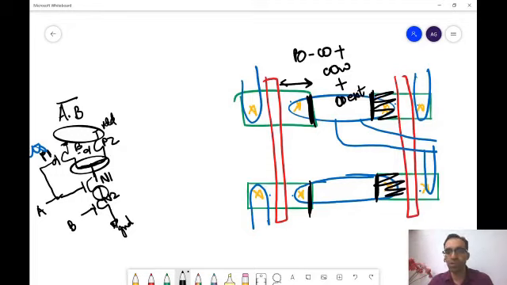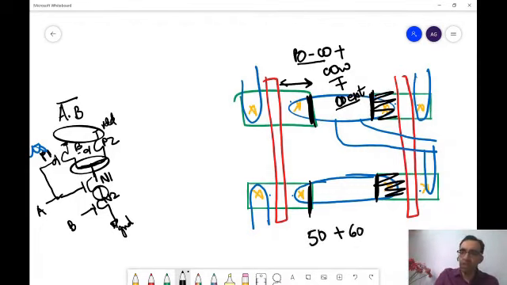Yes, sir. So these 3 things will make one source or drain region. Am I right? Right, sir. Let us put some numbers. Let us say poly to contact is 50 nanometer. Contact width is 60 nanometer. And OD extension beyond poly is 30 nanometer. So this would come out to be 140 nanometers.